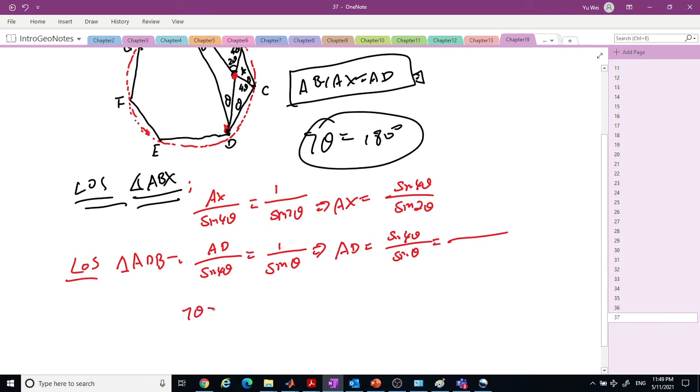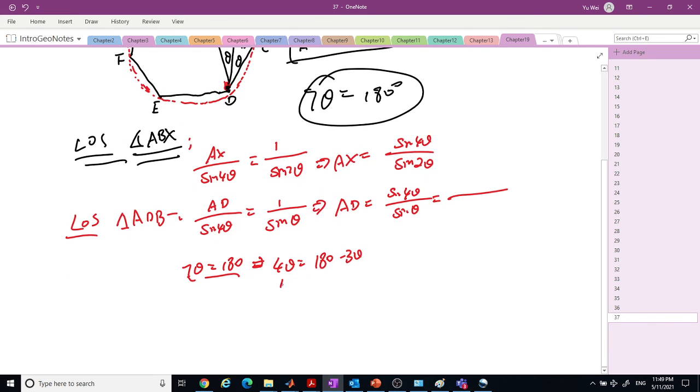So 7 theta is 180, right? So we can get 4 theta is 180 minus 3 theta. Then what we can get is sine of 4 theta is sine of 180 minus 3 theta is sine 3 theta. So it's sine 3 theta over sine theta.